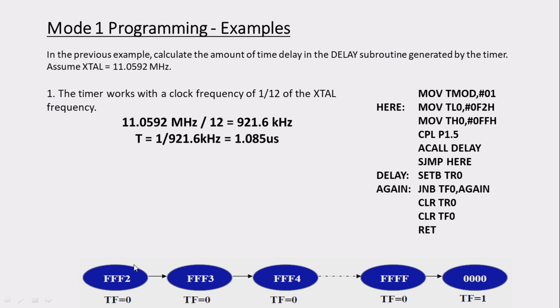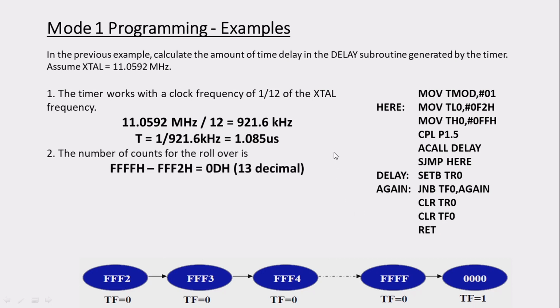Now since it is going to start off from FFF2 hexa to FFFF hexa, how many clock cycles are required in order to count from this particular value to this particular value? That can be done if we subtract. So I'll be doing FFFF hexa minus my initial count, so I'll be getting 0D hexa.